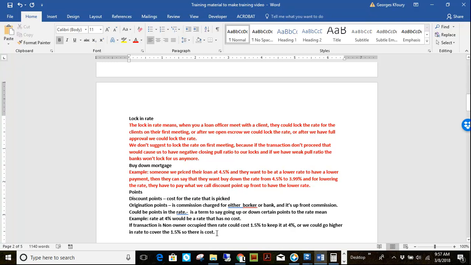So these we call points, adjustment points.